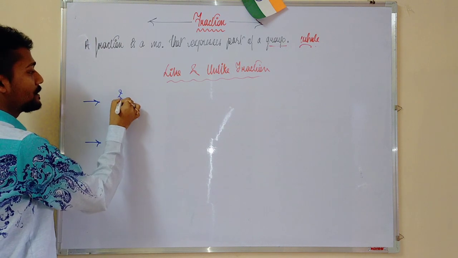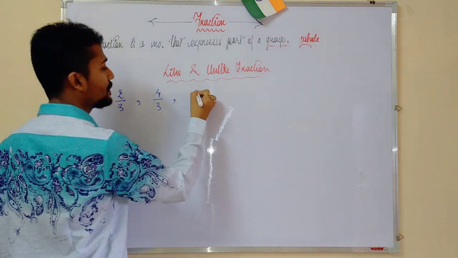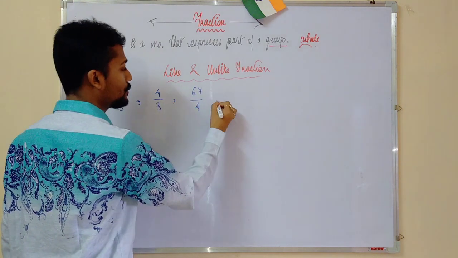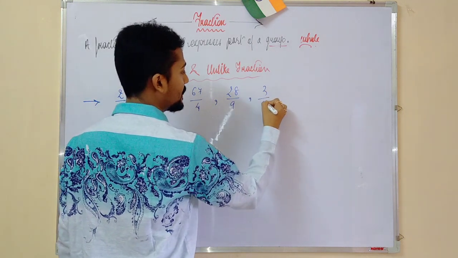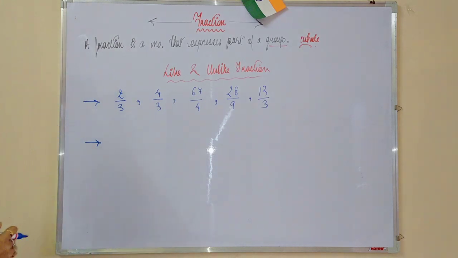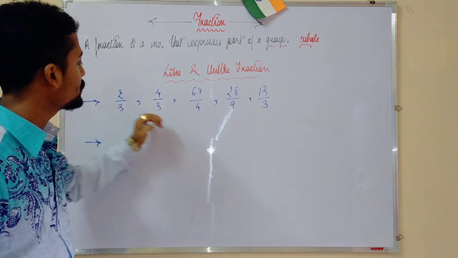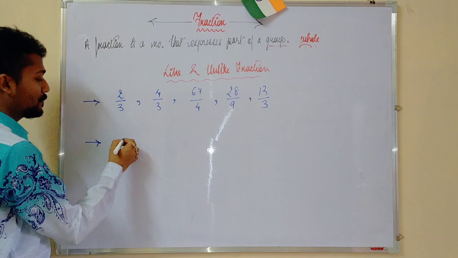One is 2 by 3, 4 by 3, 67 by 4, 28 by 9, 13 by 3. This is one set of fractions. 5 fractions I have written: 1, 2, 3, 4, 5. Down here also I will be writing 5 more fractions.